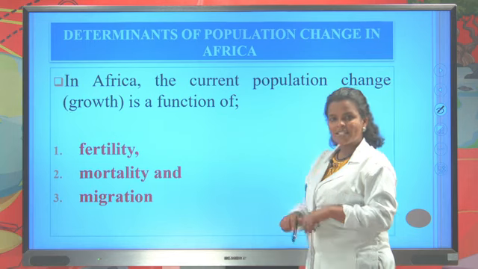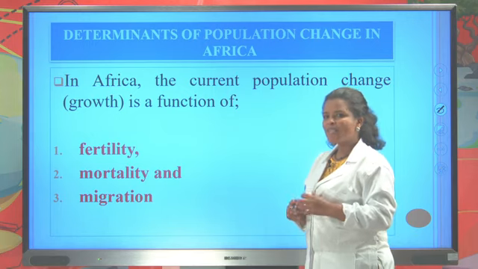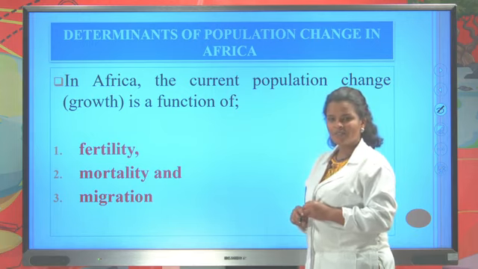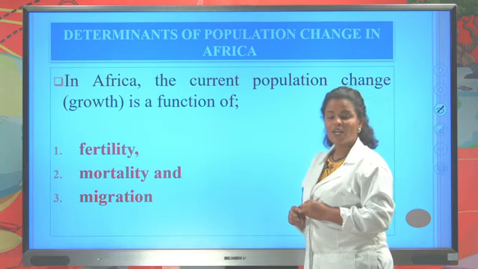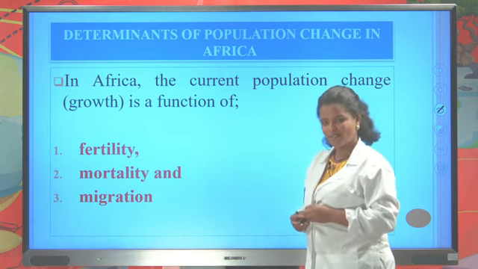So students, depending on the previous session, what is fertility, what does fertility look like in Africa, what is mortality, and why do people of Africa migrate from one place to another?